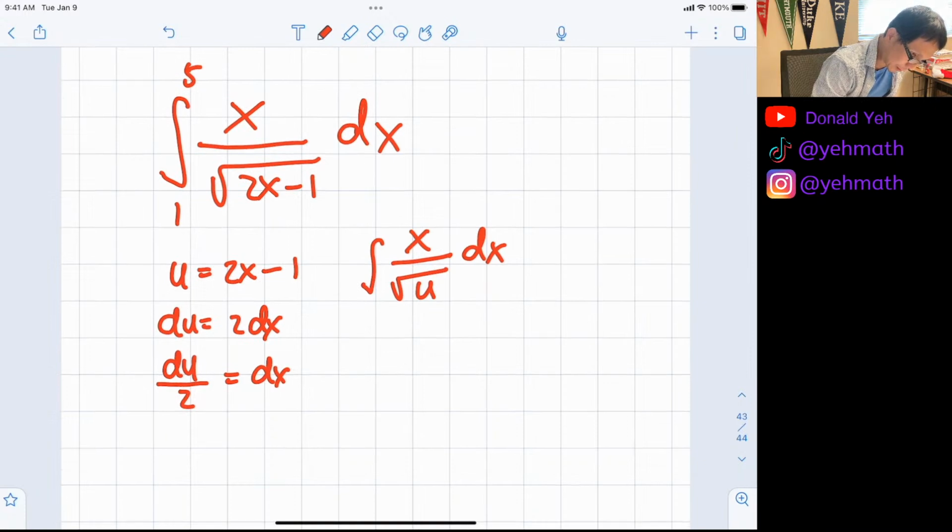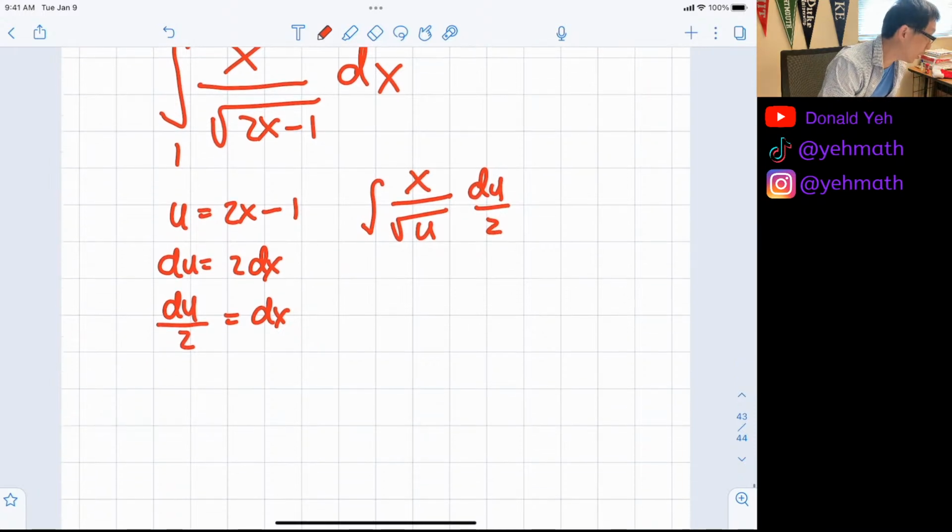So obviously dx is gonna change to du over 2 first. You can make this all work simple. Oh, that was interesting. It's not the right answer, but it's really close.